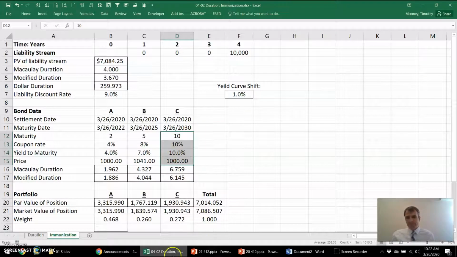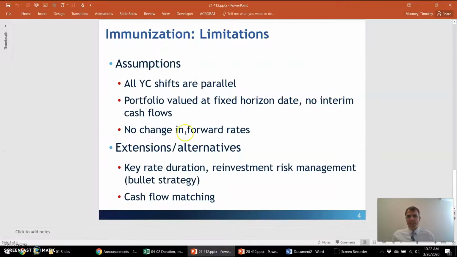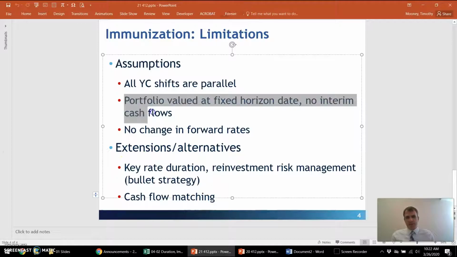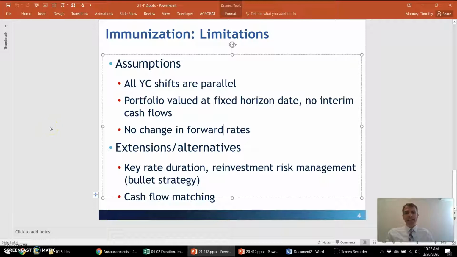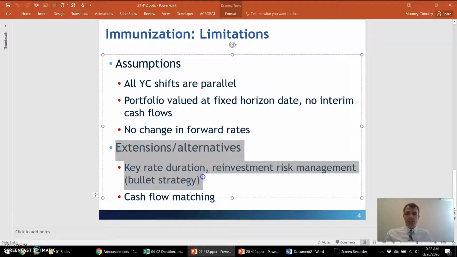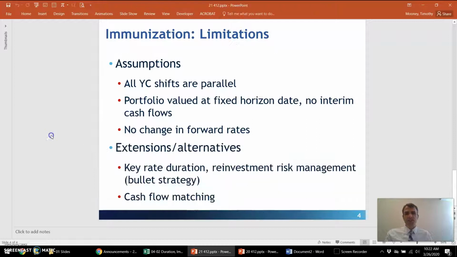There are some other limitations. You can read up on them if you want, or we can talk more offline. And if you're interested in some of these other alternatives to immunization, feel free to give me a shout out. Happy to spend more time on those. But I think the main thing to get you started on understanding how interest rate risk works and how we manage it is really managing the duration of a bond portfolio.